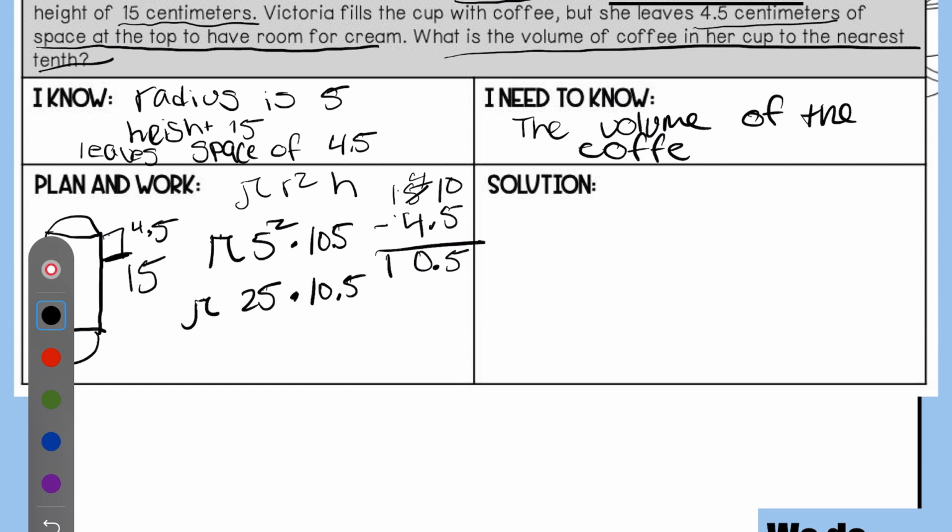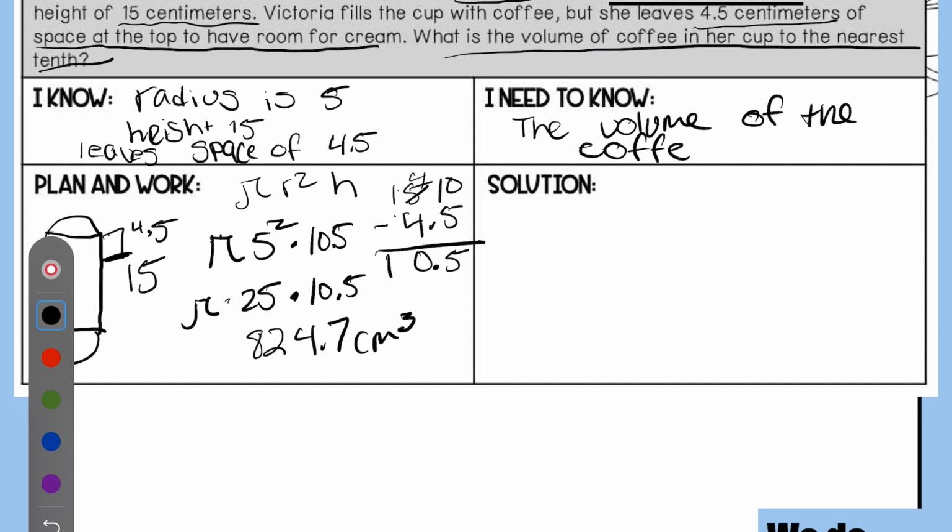Now, when you multiply that all out, you may have to use the Desmos calculator on these, or you're going to get a slightly different answer. You get 824.7 centimeters cubed.